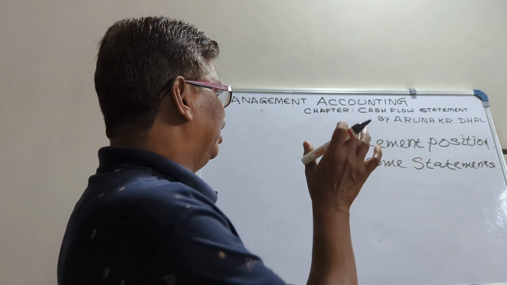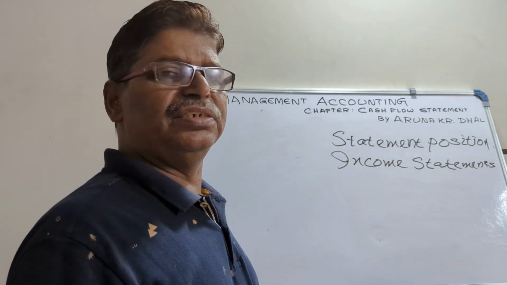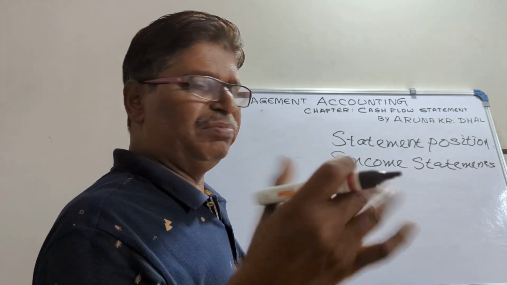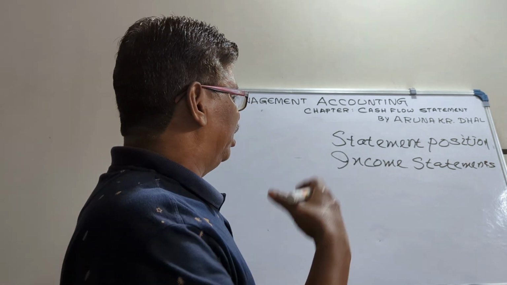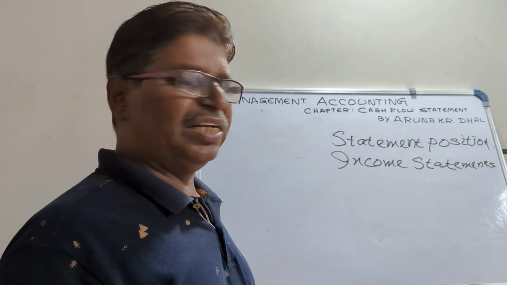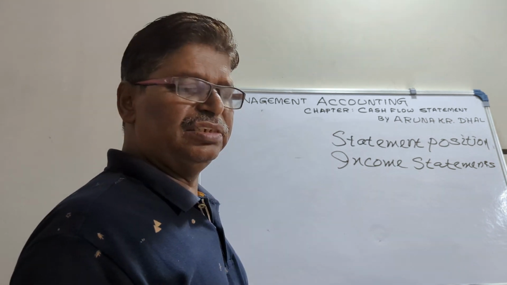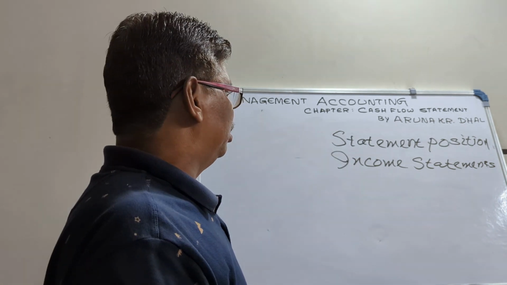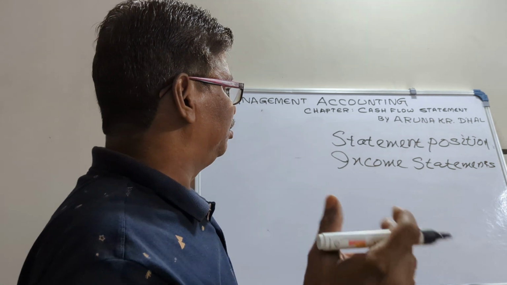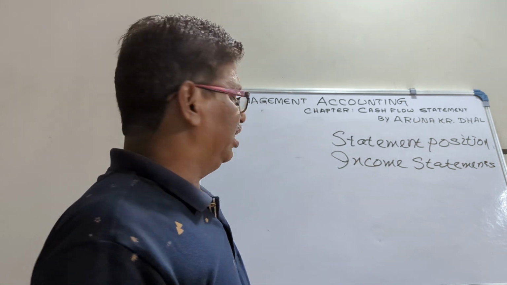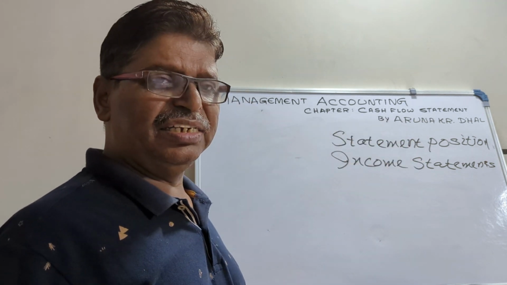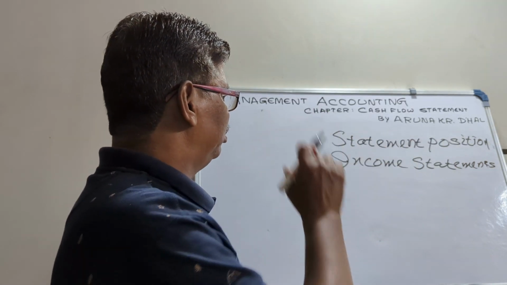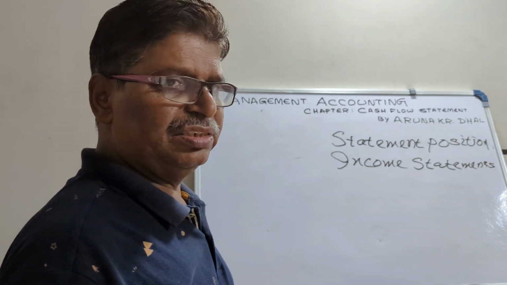Then we take non-current liabilities like debentures and long-term debts. Then current liabilities, under which we take trade payables, that is bills payable, sundry creditors, any expenses outstanding, and income received in advance.